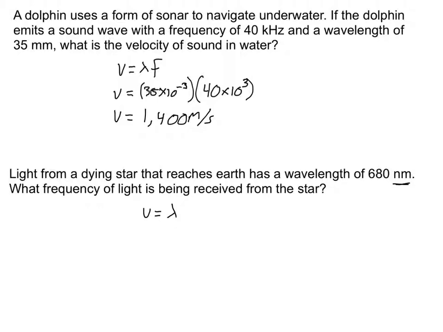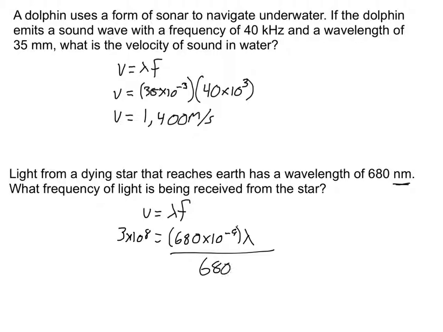So v equals lambda f. So our velocity of light, 3 times 10 to the 8th meters per second, equals our wavelength, 680 nanometers, and nano means times 10 to the negative 9th. Not worrying about putting that in proper scientific notation here because our calculator will do that for you.